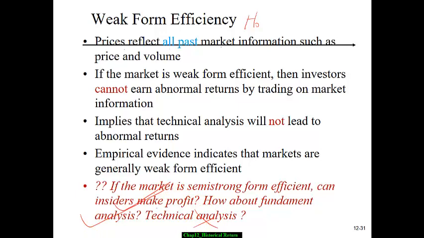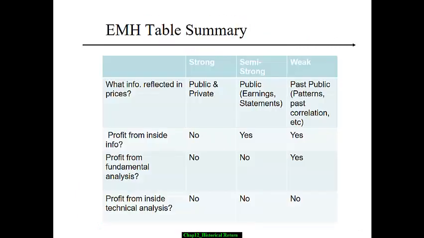You may agree or disagree with these three efficiencies. Remember, these are hypotheses. It's not necessarily proved or agreed-on fact. We do want you to understand the three theories, and there's a ton of empirical evidence to study. Here's a summarized table.